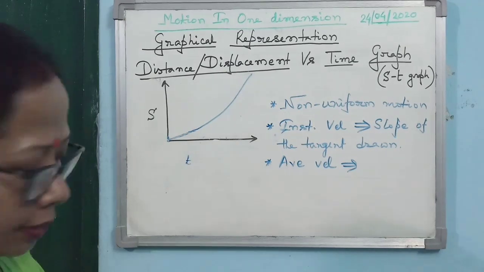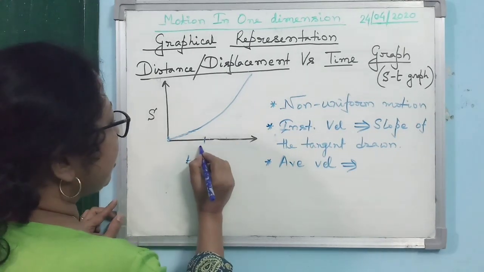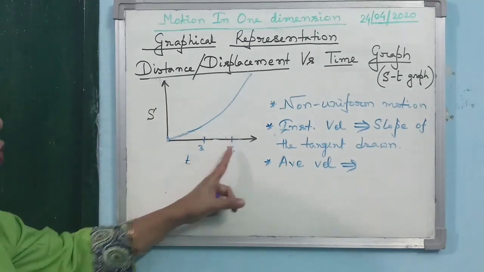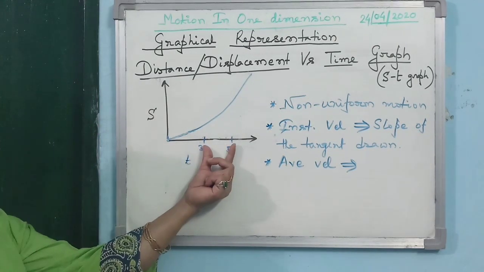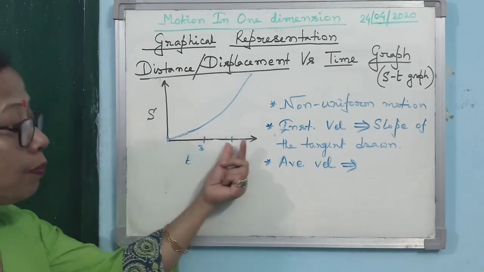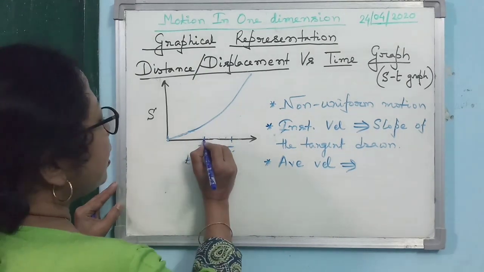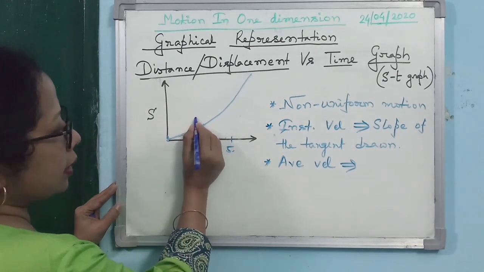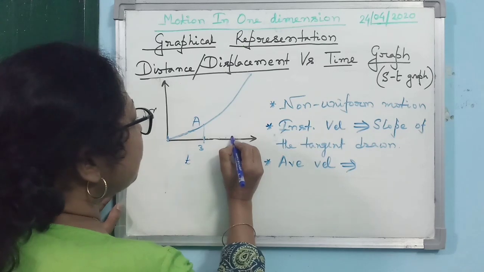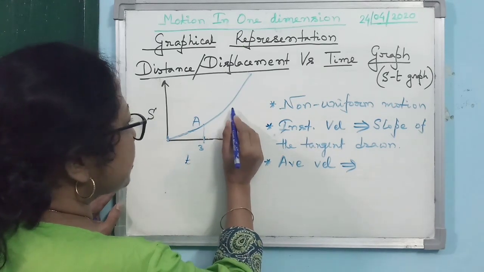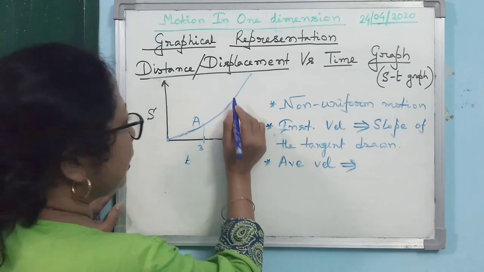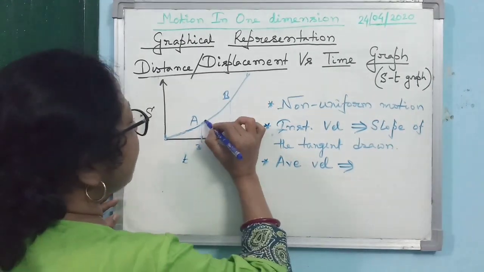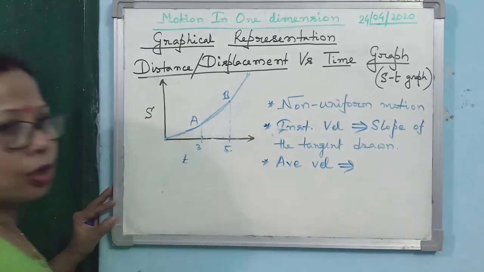In between these two time instants, when t is equal to 3 seconds and when t is equal to 5 seconds, you want to find the average velocity, because at every point the velocity is changing. Then what to do? From the point 3 you go vertically up, and you get the point A on the graph. Then from t equal to 5 seconds, you draw a vertical line till it meets the graph. Let that point be B. If you join AB, it is known as the chord.